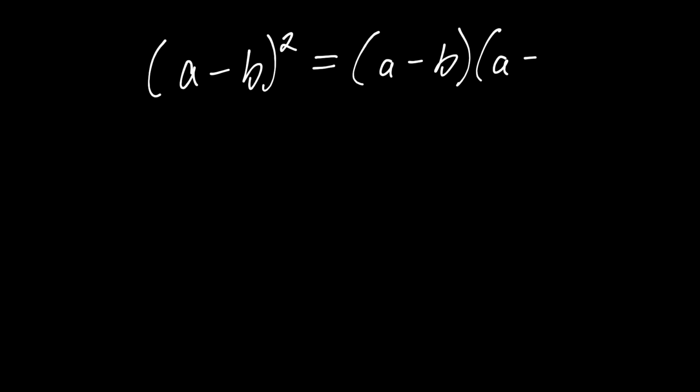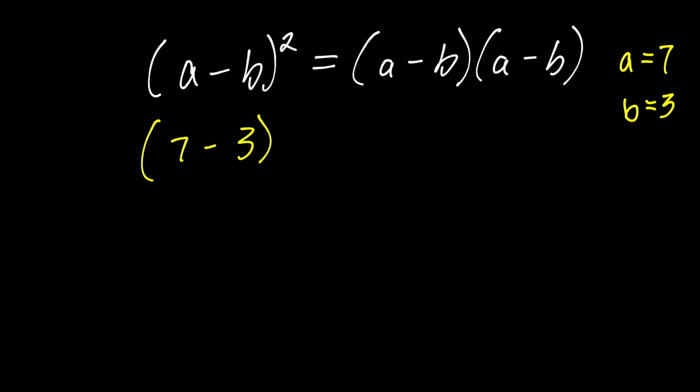times a minus b. So again, like the previous slide, let's look at when a is 7 and b was 3. So 7 minus 3 quantity squared equals 7 minus 3 times 7 minus 3.